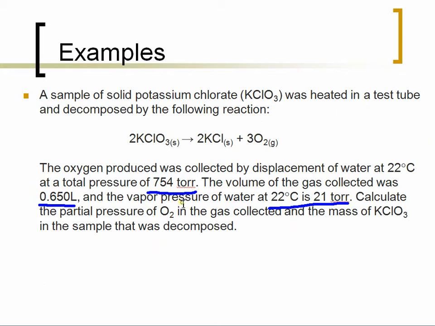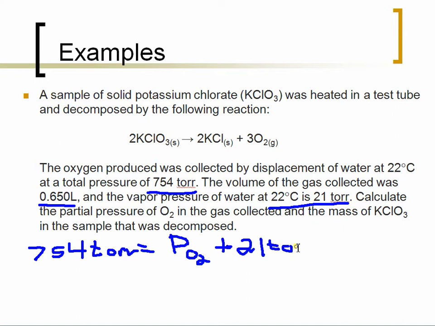The first part is quite easy. We know the total pressure, which is 754 torr. It's going to equal the pressure of oxygen plus the pressure of water, but that's given to us. That's 21 torr. So we do some simple math.